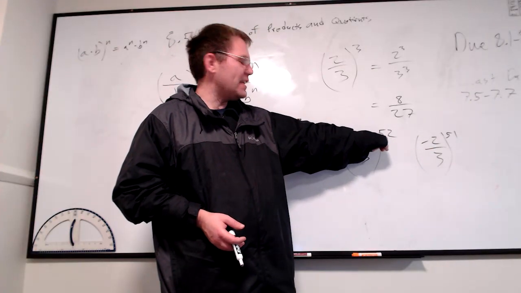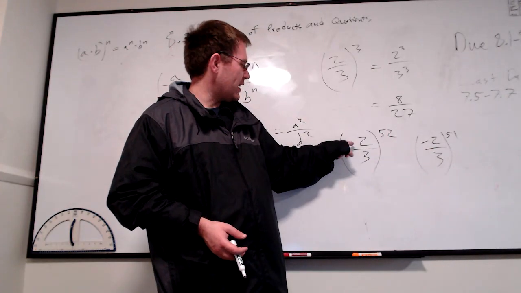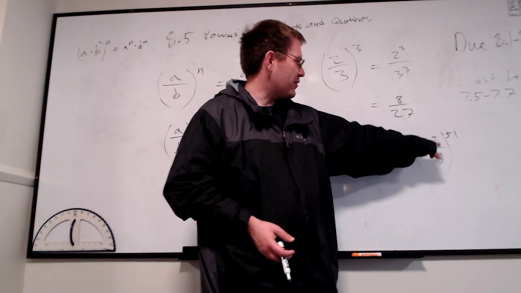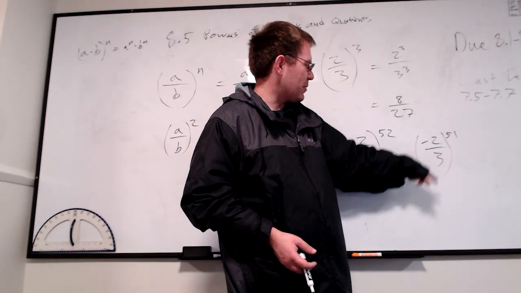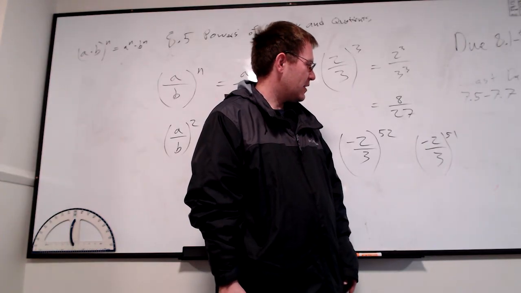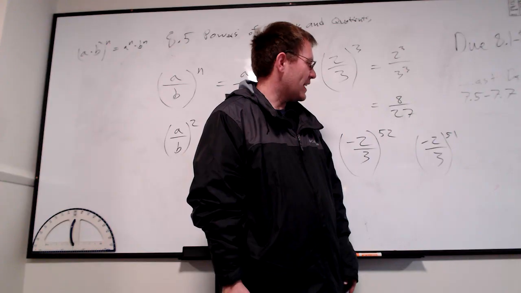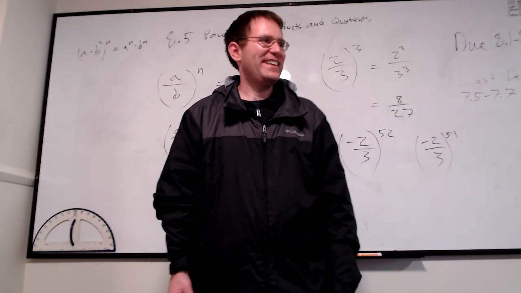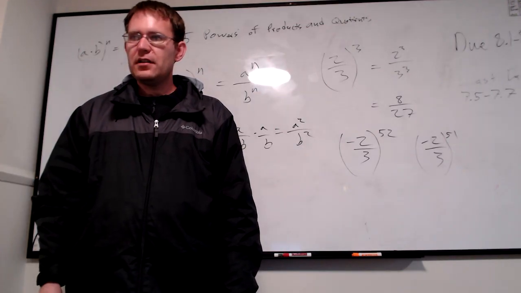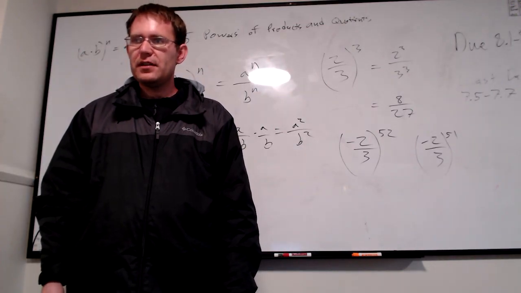If you have an even exponent on a negative number, you're going to get a positive number. And if it's an odd exponent on a negative number, excuse me, you get a negative.